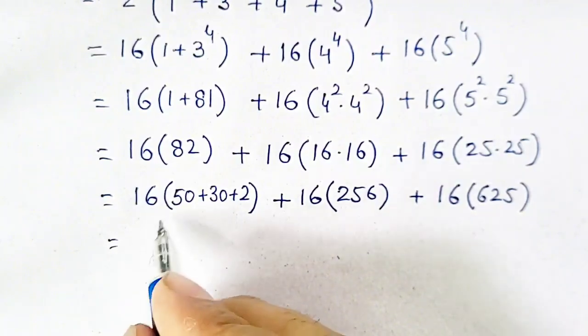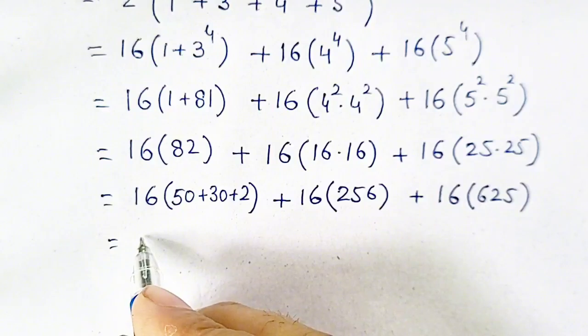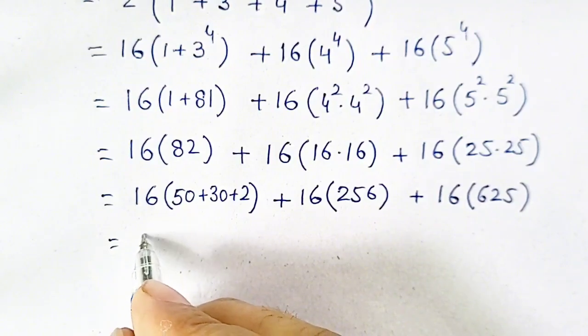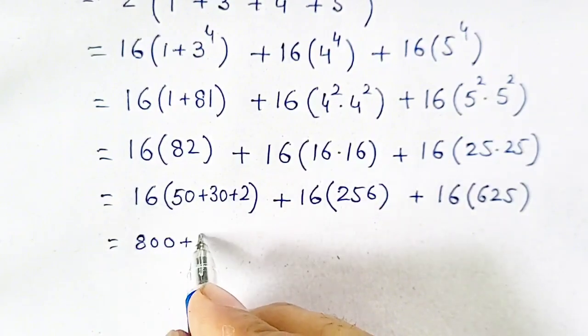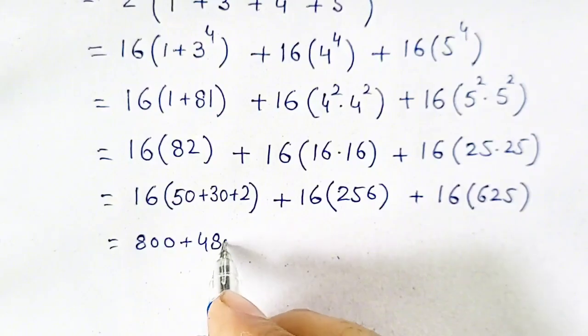Let us simplify: 16 times 50, 6 fives are 30, 16 times 5 is 80, so it will be 800. 6 times 8 are 48, so it will be 480.